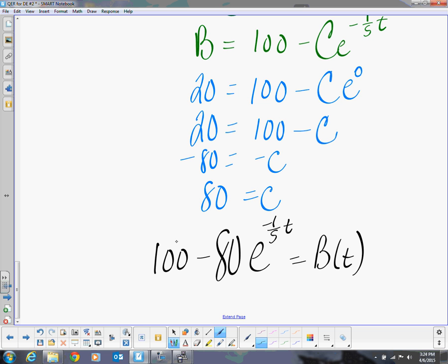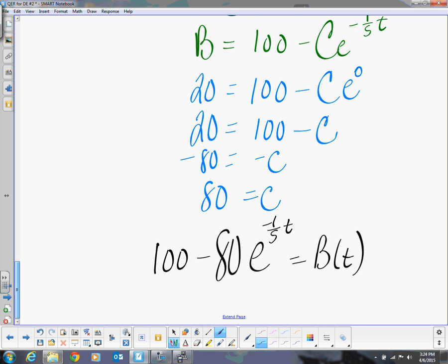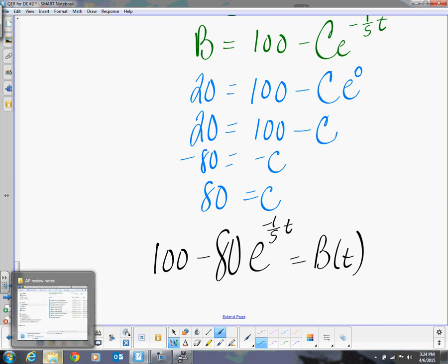So b of t is 100 minus 80 e to the -1/5 t. So the question was, use separation of variables to find b of t. I have found b of t. Notice I'm using the notation b of t. I'm not using y's or f of x's with the initial condition of b equals 20 when t equals 0.